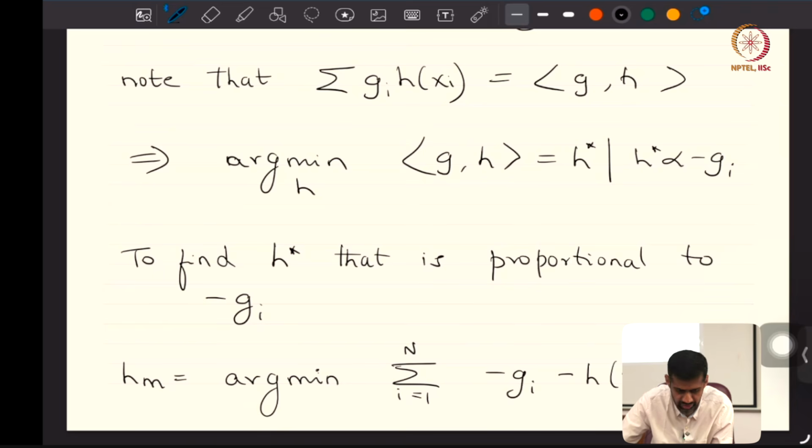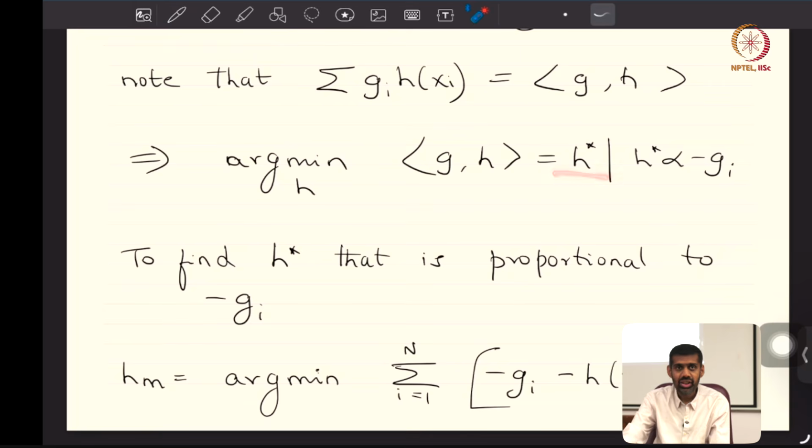You can take mean squared error for instance over the negative gradient. See, finding this h star now is a regression problem with the regression labels being equal to minus gi. Did you understand what I am saying?